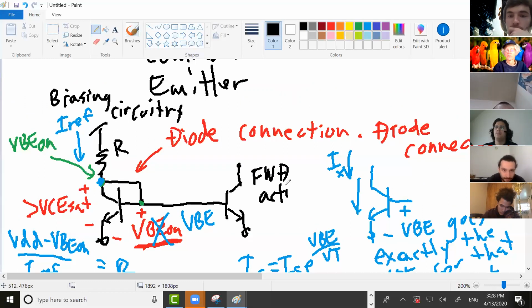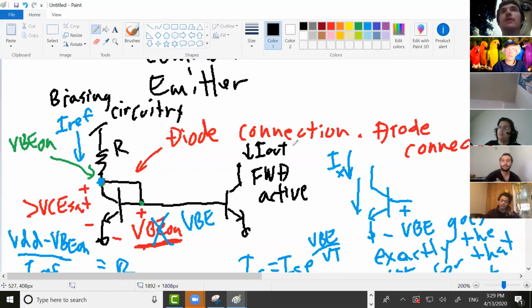So if you put the same VBE as you put on over here onto this transistor, what do you think happens to the current through the transistor on the right? The same. The same. So what's the current through here? IREF. Usually just by tradition, they call it I out, but in this case, I out would equal IREF.